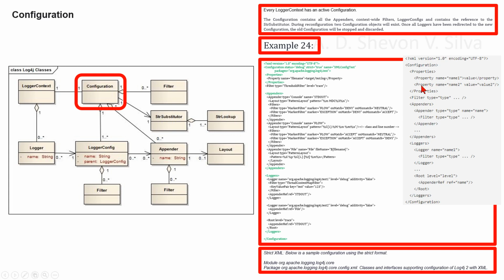For example, instead of the console appender being configured using an element named Console, it is instead configured as an appender element with the type attribute containing Console.